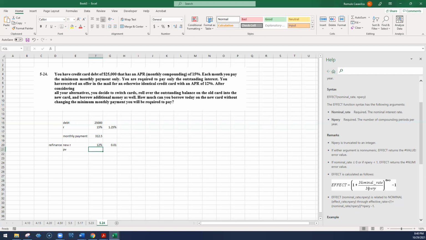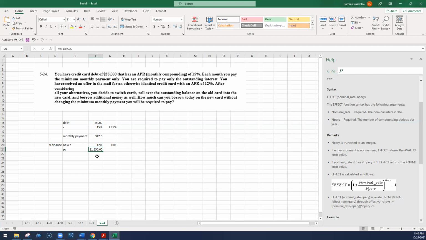So this is a perpetual present value, because I'm paying 312 forever and my debt is 25,000. The rate will be this. This is the cash flow divided by this, because it's monthly.